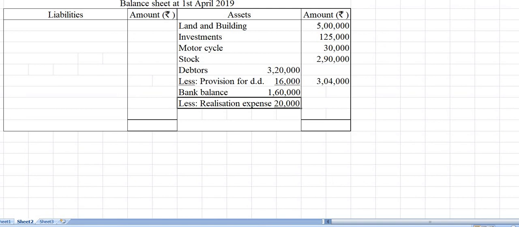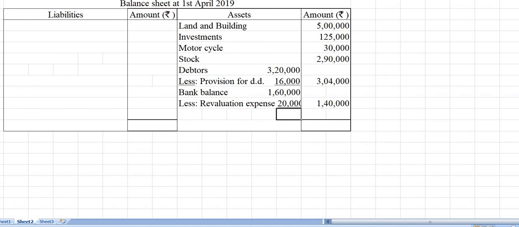There this can be shown, revaluation expense can be shown on the debit side. This is revaluation expense, not realization expense. Revaluation expense 20,000. So we will get 1,40,000 as cash balance.